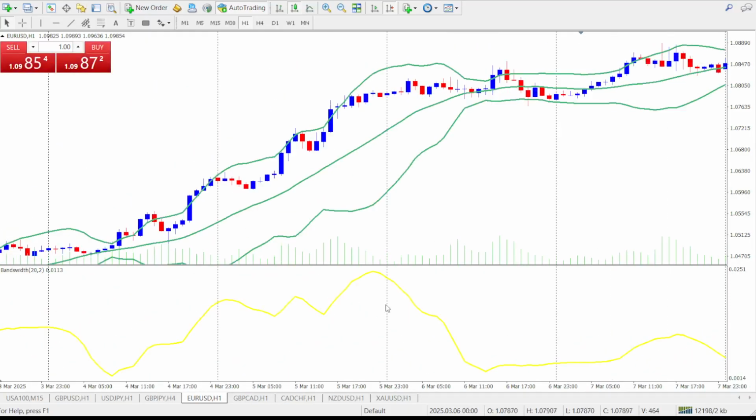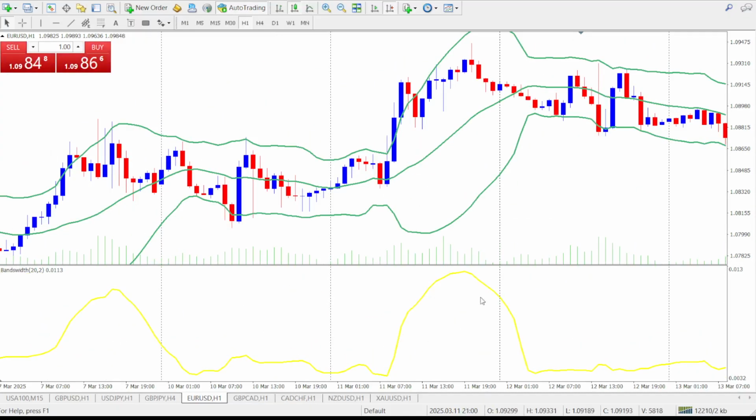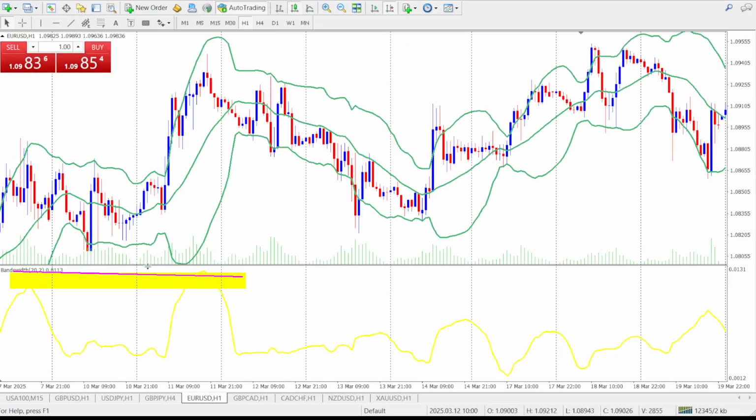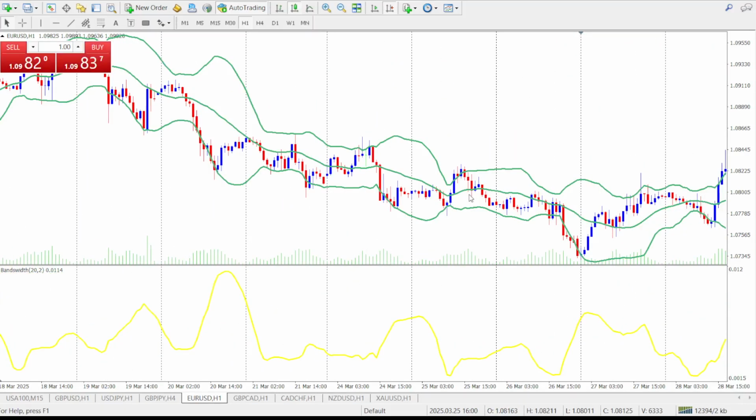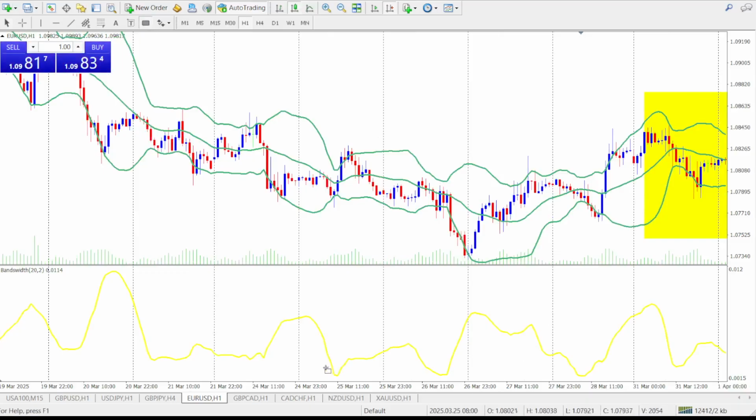A double top in the oscillator can signal a sell opportunity, and a double bottom, you can see here we had a double top, right? And we had a sell eventually, right? And a double bottom can signal a buy opportunity.